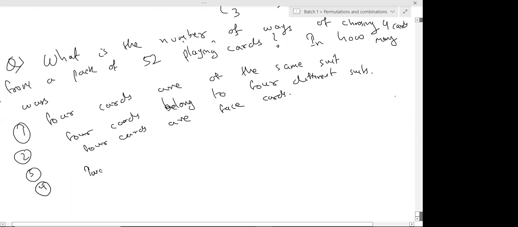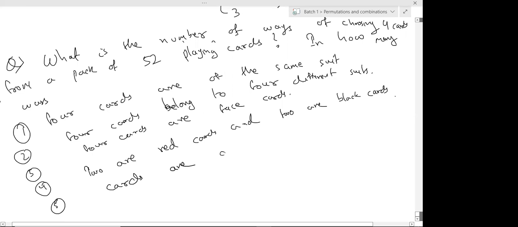Two are red cards and 2 are black cards. Cards are of the same color. All right. Write it.